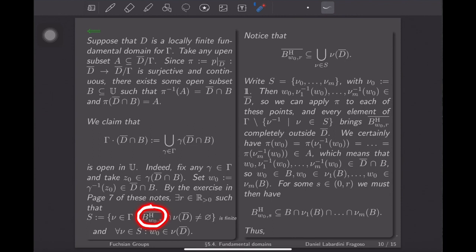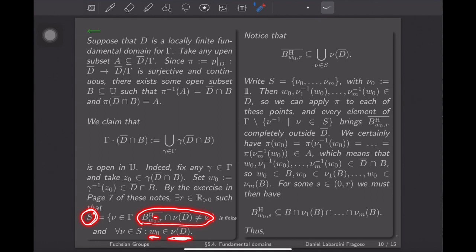So if I pick any element here, that element is in, let's say, eta of D bar for some eta in gamma, right? And then that eta would make this non-empty because I would be picking precisely that point in the intersection. So that eta would belong to S, and so W naught belongs to that eta of D bar.